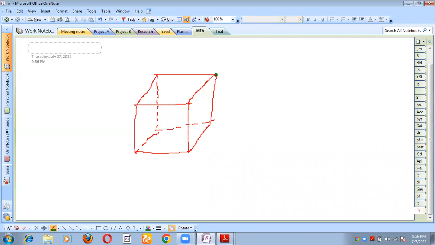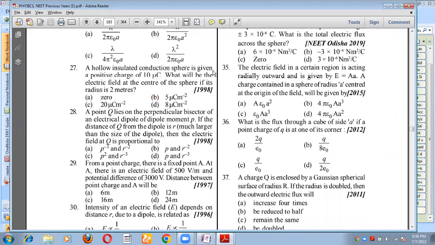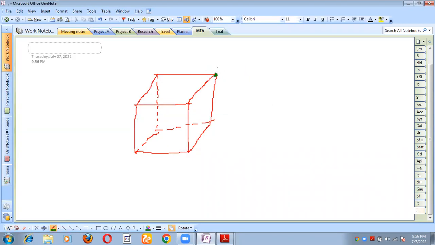Suppose at this corner we have a charge small q. Obviously, because of this charge, there will be electric field everywhere. This electric field will be in a radially outward direction in all directions. We know electric field due to a point charge has spherical symmetry.